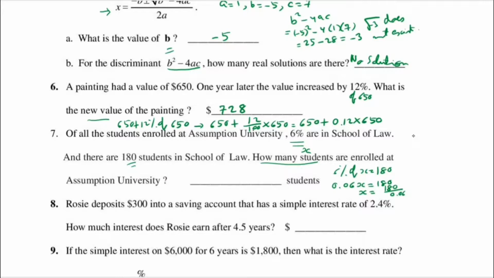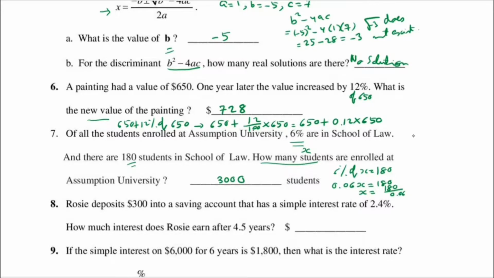Okay, so 3000 students. 6% of 3000 is, for every 100, 6 students are in law. So for 30 hundreds, 180 students in law. Yeah, correct.